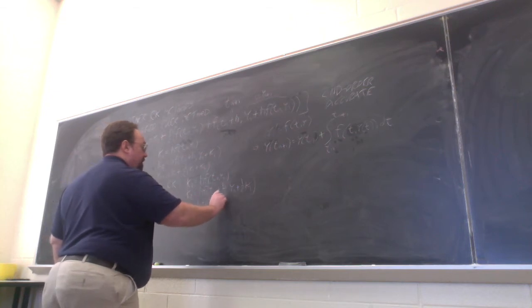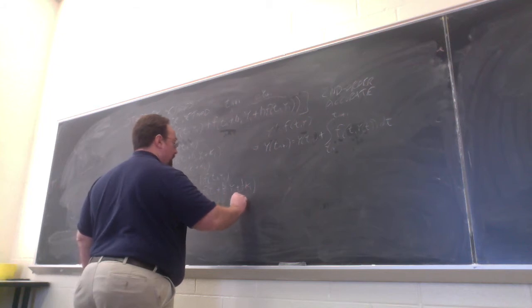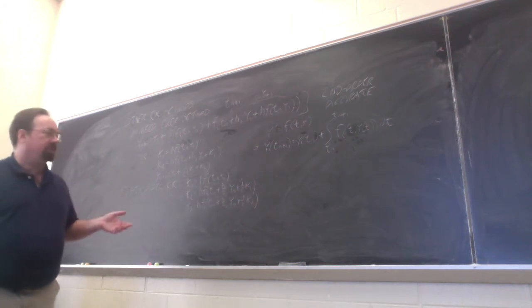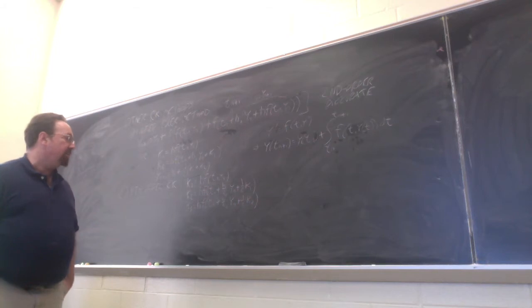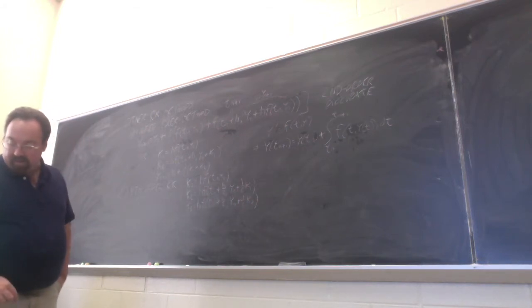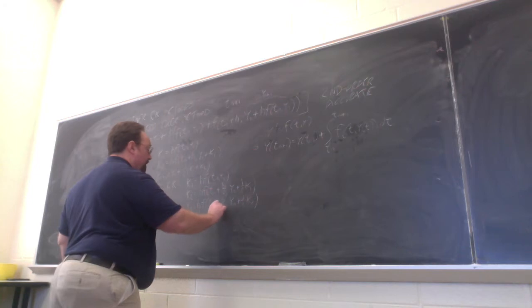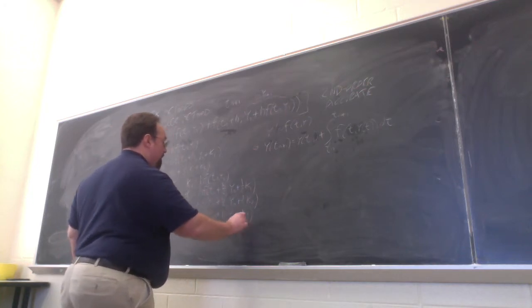So we again go to the midpoint, but now we take yn plus 1/2 K2 to try to get another approximation at the midpoint using a somewhat different slope. And then for K4, we go all the way to the right endpoint, tn plus h, yn plus K3.